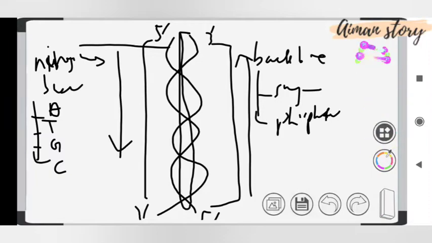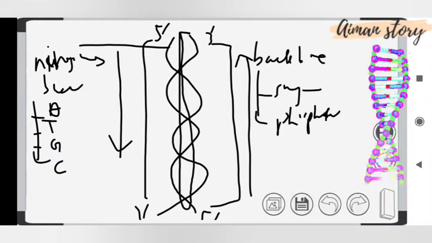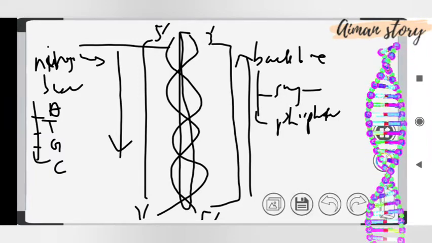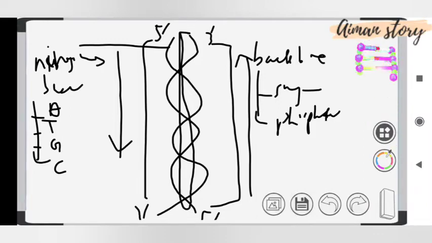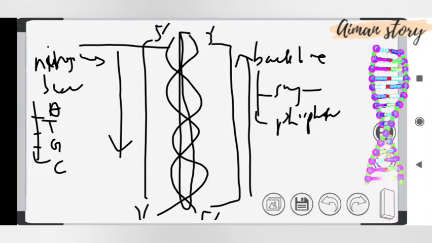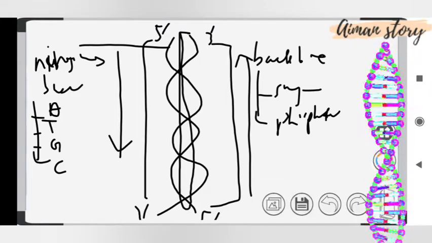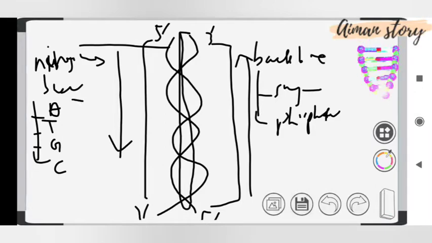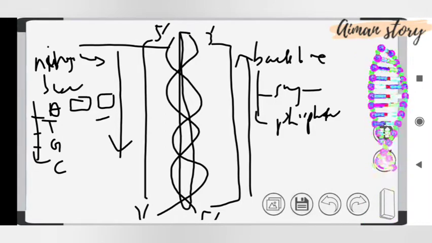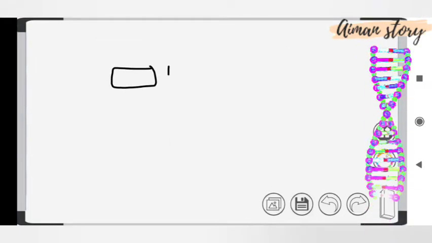So in the structure of DNA, the nitrogenous bases are arranged stacking up on top of one another. Normally like this. I will draw it.